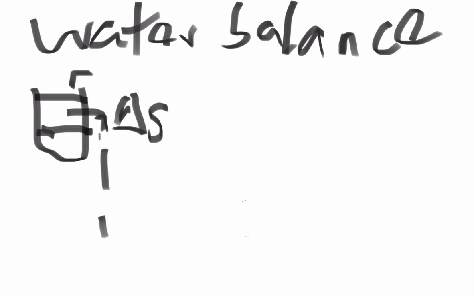So we can just export the same idea into a catchment. If we have a catchment, the major way that water enters the catchment is through rainfall. So let's call that P, precipitation. And what are the ways that water leaves a catchment?